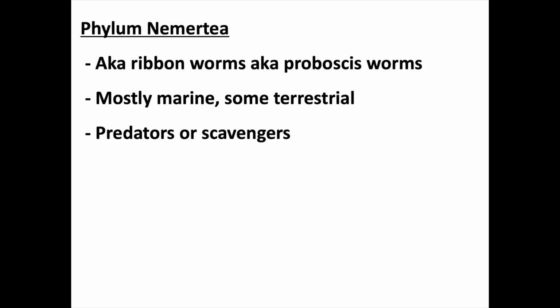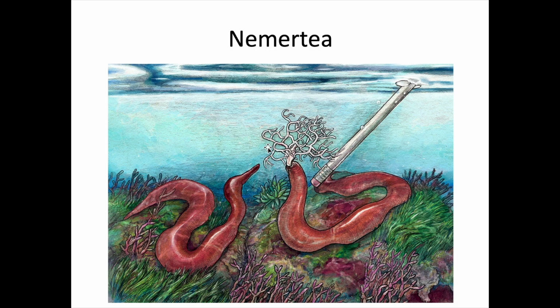They have this unique structure called a proboscis, hence the term proboscis worms, that they can eject or evert from their bodies. So this is this sticky structure that is housed inside of their body that can be sort of turned inside out as a defense mechanism or a predatory mechanism to grab stuff.